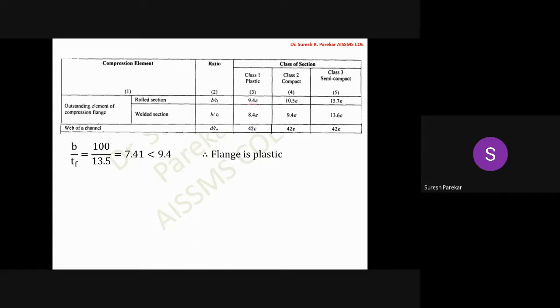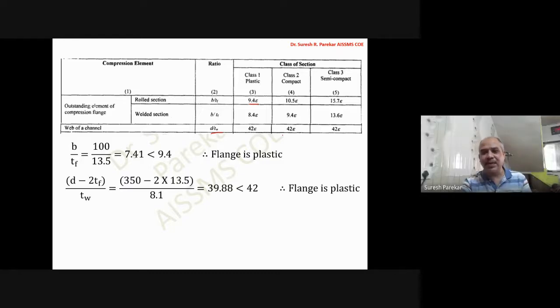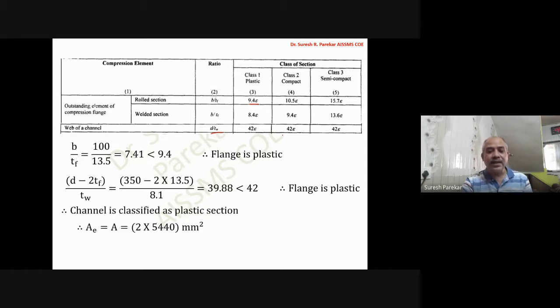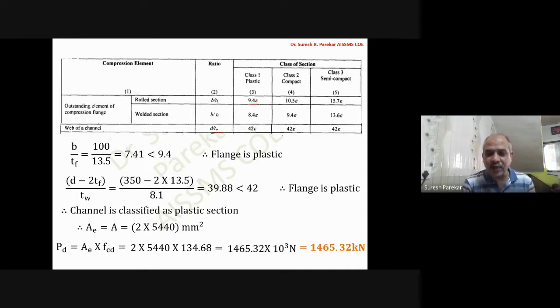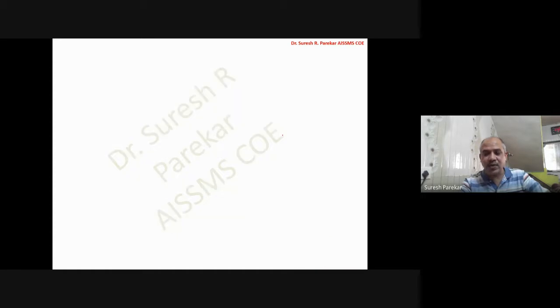Similarly, I can have the web of the channel, where D by TW is the same for plastic, compact, semi-compact. So you can take semi-compact or compact or plastic, no change we are going to get here, because my AE remains A for all these three classes. And then the channel is classified as a plastic section, and then substituting the value of AE, we are going to get 1465.32 kilonewton greater than 1450 kilonewton, therefore safe.